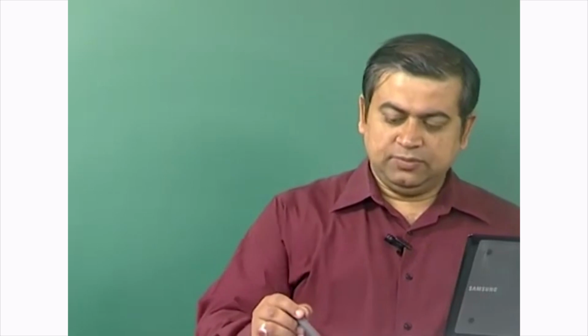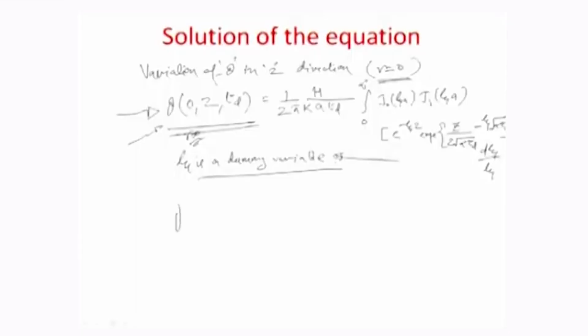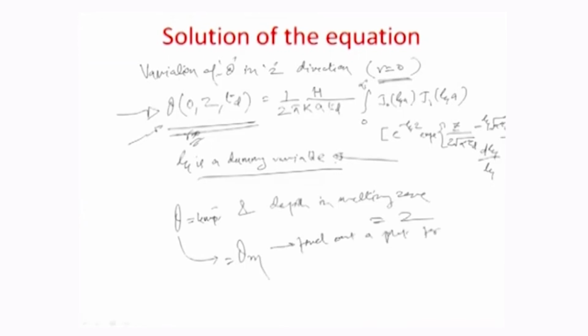So, having said that, we now have a relationship between the temperature and the depth in the melting zone. So, if this is equated to the melting point of the material, you can find out a plot for the Z values from this relationship.